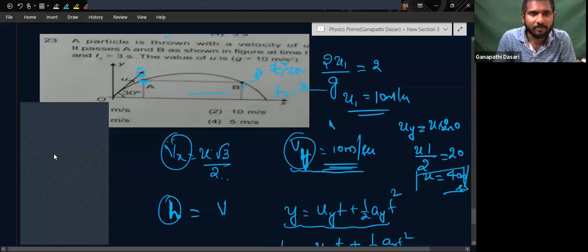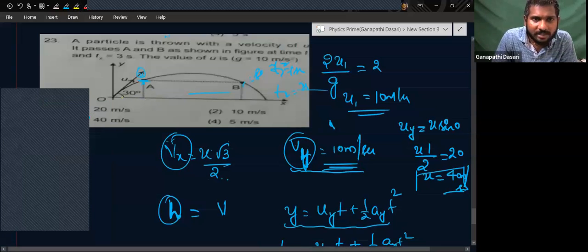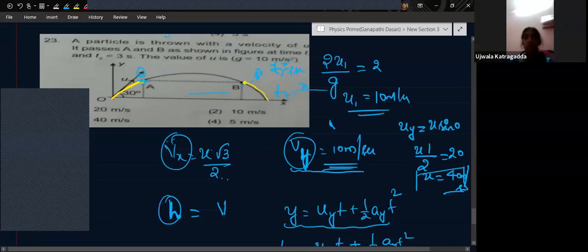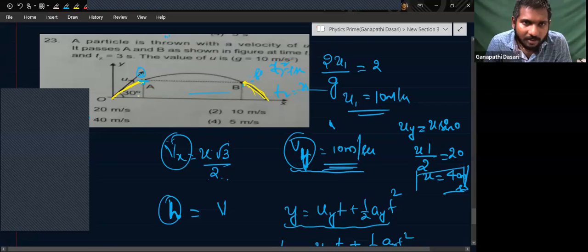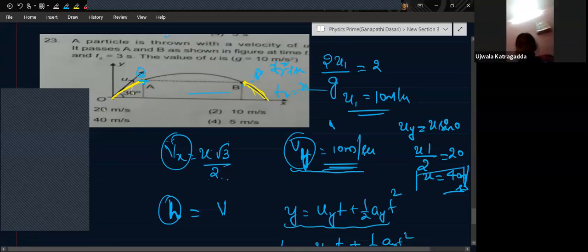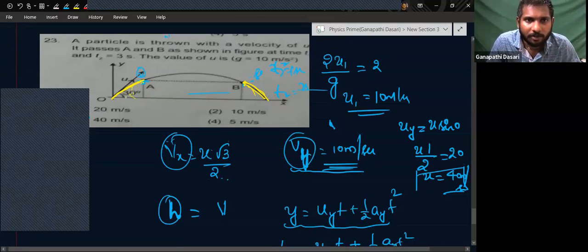The time taken to go up here should be equal to the time taken coming down here. Yesterday I taught you this concept. This part's time taken is equal to this part's time taken, and half the time going up is equal to half the time coming down.